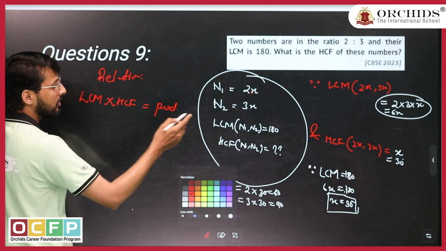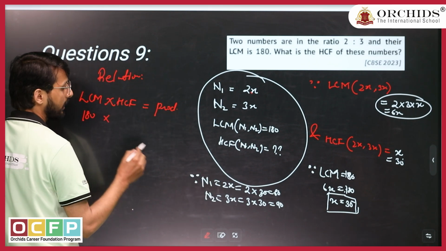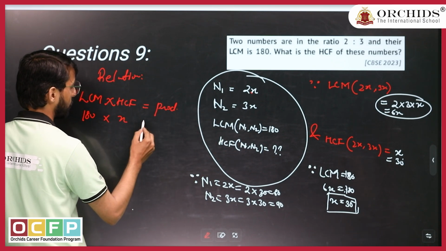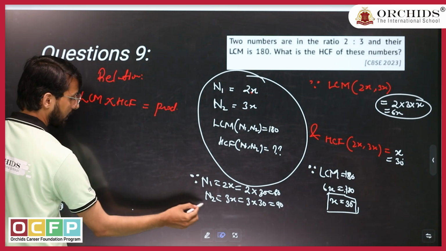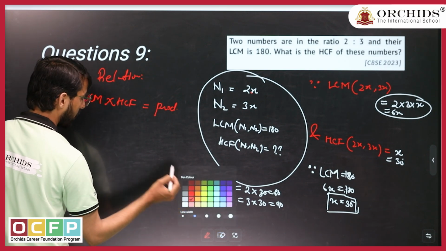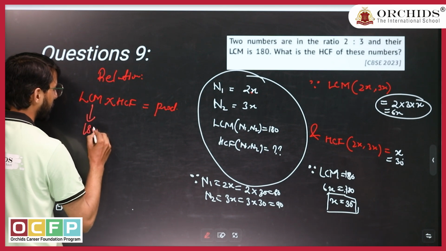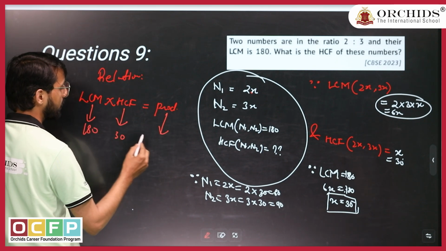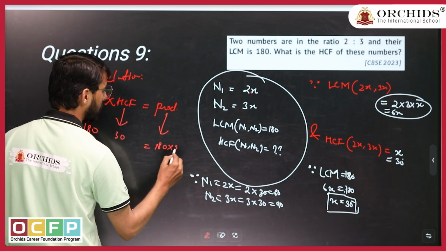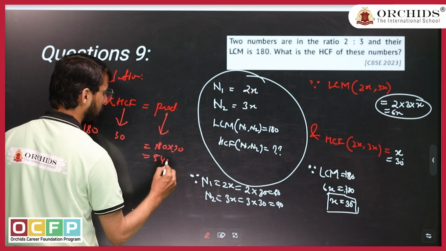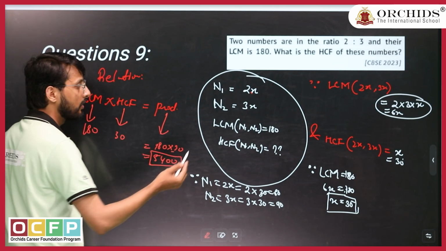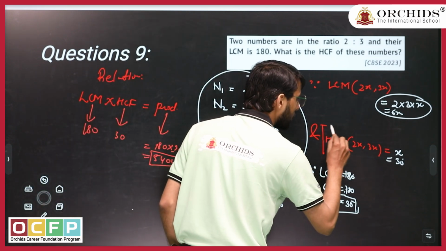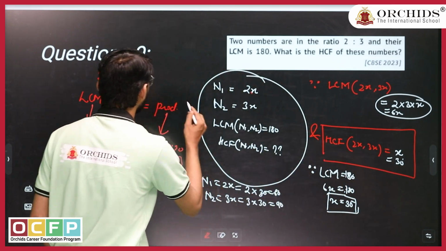Now LCM was 180 and HCF we got was 30. So instead of directly writing this part, you write it as LCM was 180, HCF was 30. So 100% the product I am going to get is 180 into 30, which is 5400.